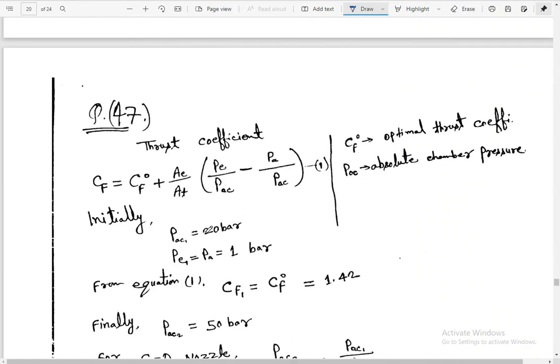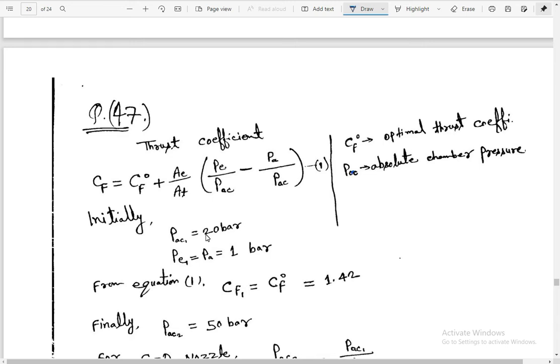We know the thrust coefficient CF is equal to CF naught plus (Ae by At) times (Pe by PAC minus Pa by PAC), where PAC is the absolute chamber pressure and CF naught is the optimal thrust coefficient.